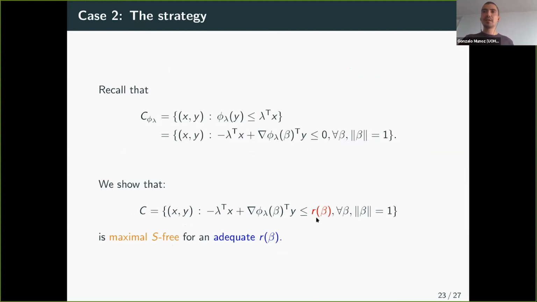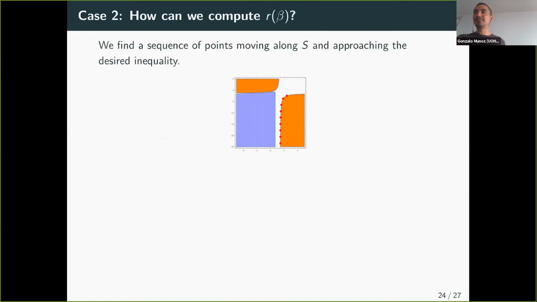And how we computed that R beta is something that me and Felipe really liked, which is the following idea. We find a sequence of points moving along S that is approaching this desired inequality that is not tight. So this inequality here, that is the one creating issues, you go through S and try to get as close as you can. That's the idea.